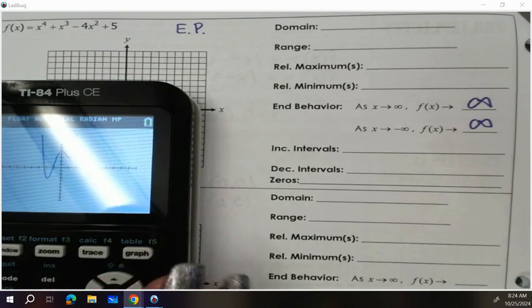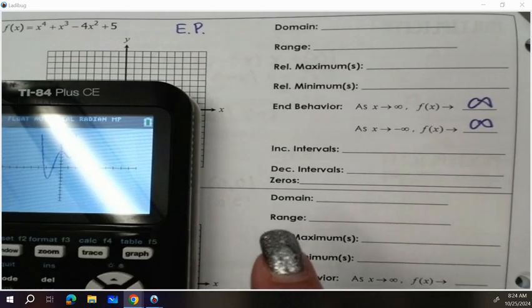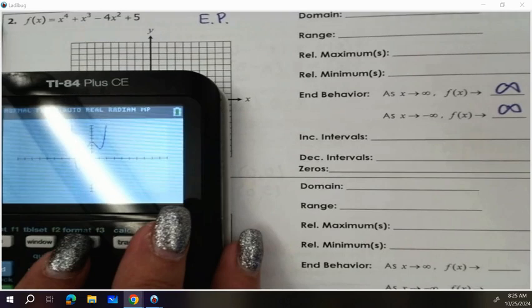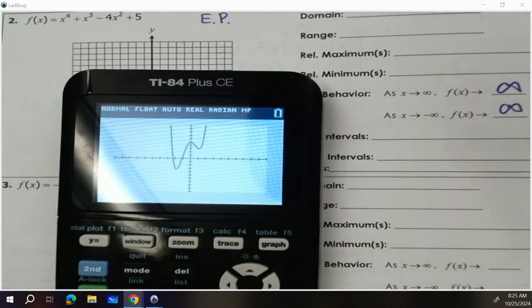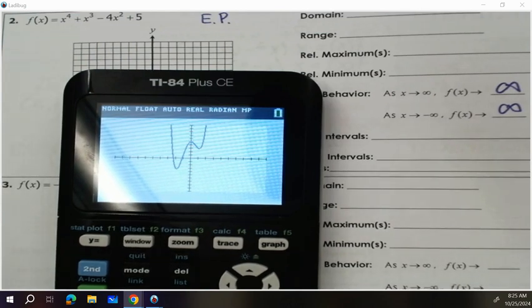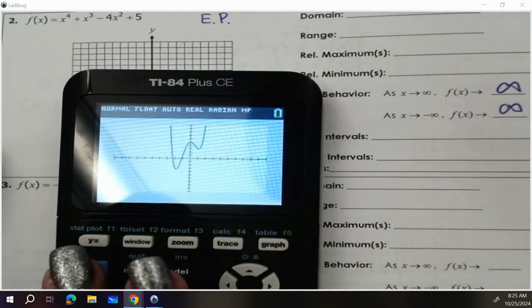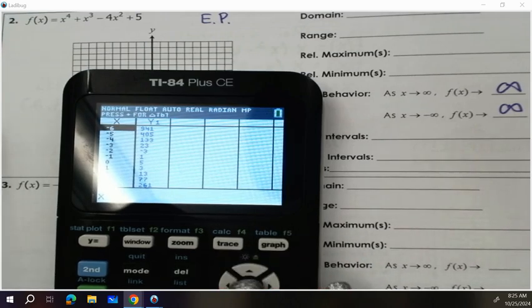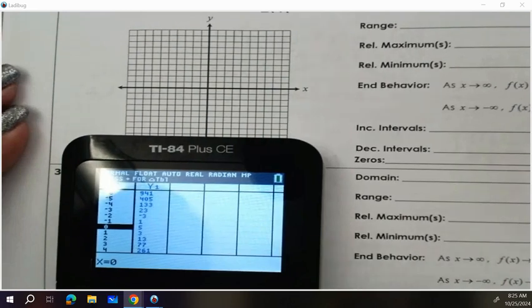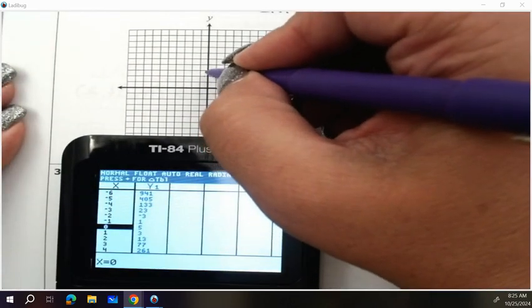All right, I think I need to work on my relative max and mins and get some stuff on my graph. See if I can get some zeros, or get my relative max and mins, have my calculator calculate something for me here. Let's go to the table and see if I can see anything pretty. It looks like 0, 5 is not bad. I could put 0, 5 on my graph.